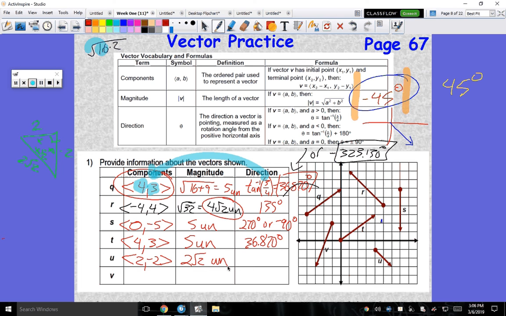Now listen, if I did what I'm supposed to as far as the arctangent of y over x, which is the same as arctangent of negative 1, your calculator the last time gave us what? Negative 45. Could you put negative 45 degrees for U?